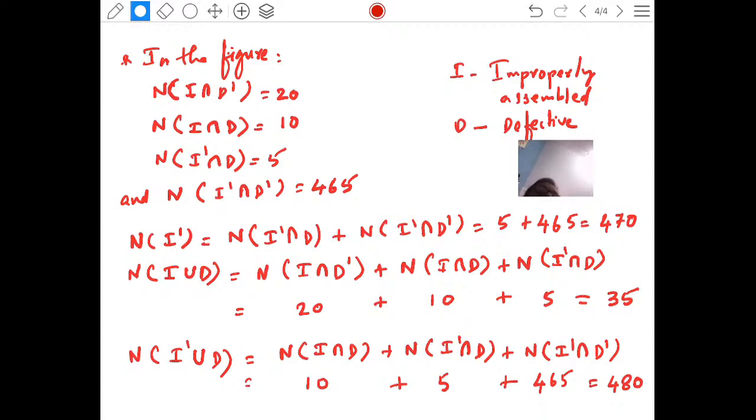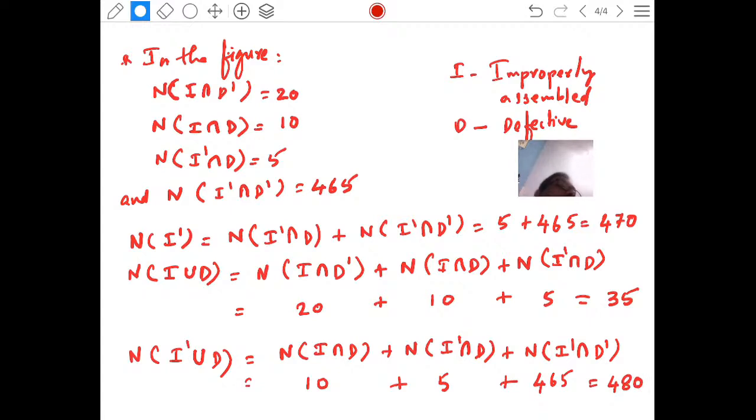Totally we will have these 3 sets, and this again shows the additive set function, because we have added 3 subsets to get the set n of I complement union D. So which is 10 plus 5 plus 465 equal to 480.